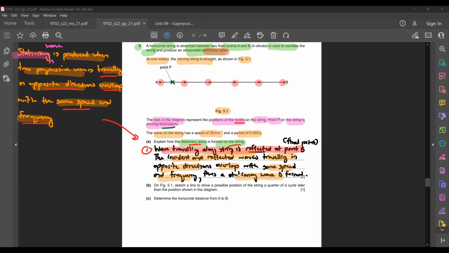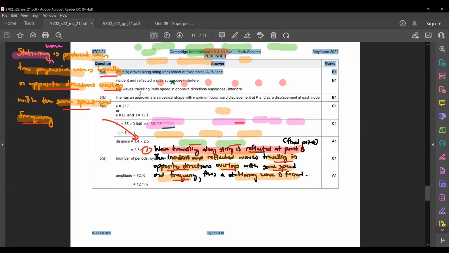Thus, a stationary wave is formed. Okay, so notice that we have the keywords here: traveling in opposite directions, overlap with same speed and frequency. So we have our stationary wave. Okay, so this one is an answer that is above and beyond the answer that is given inside your marking scheme. It is giving you even more description.